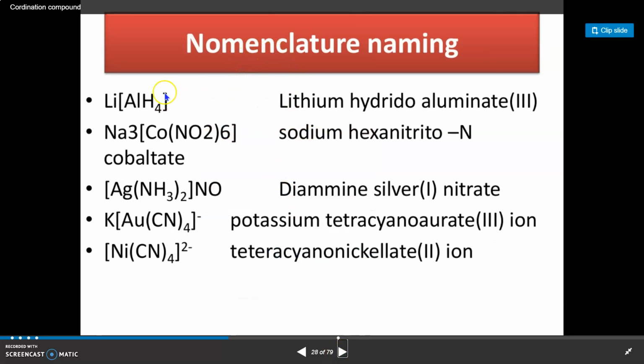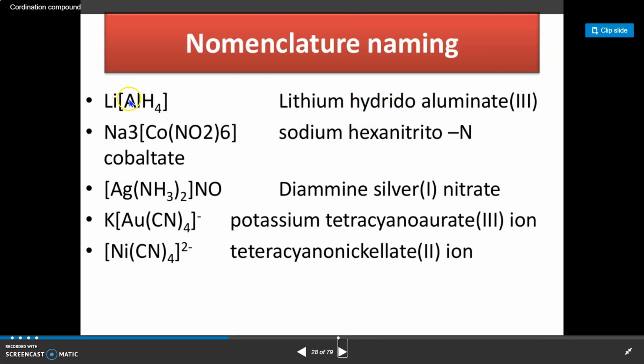For example, lithium hydridoaluminate. Here lithium is the cationic species, so we must write lithium first. Inside the square bracket, firstly we need to write the ligand, that is hydrido.